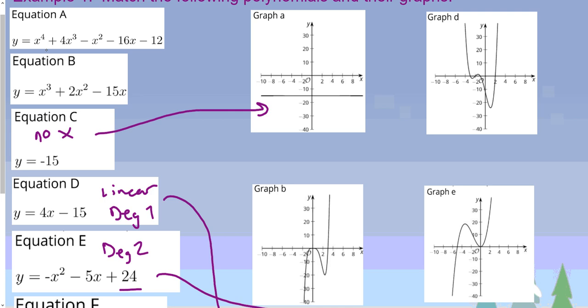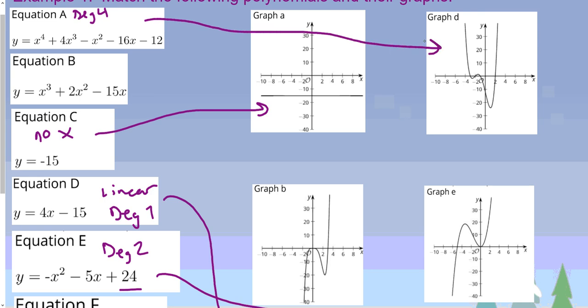Even though it's got an x to the fourth, it's a degree 4, and though we may not know what it looks like, this is true for all polynomials. If you have that constant term of negative 12, that's going to be the y-intercept. How do we know? Because if you plug 0 in for x, no matter what the powers are, all that's going to be left is the minus 12. So is there a graph here that has a y-intercept of minus 12? D.